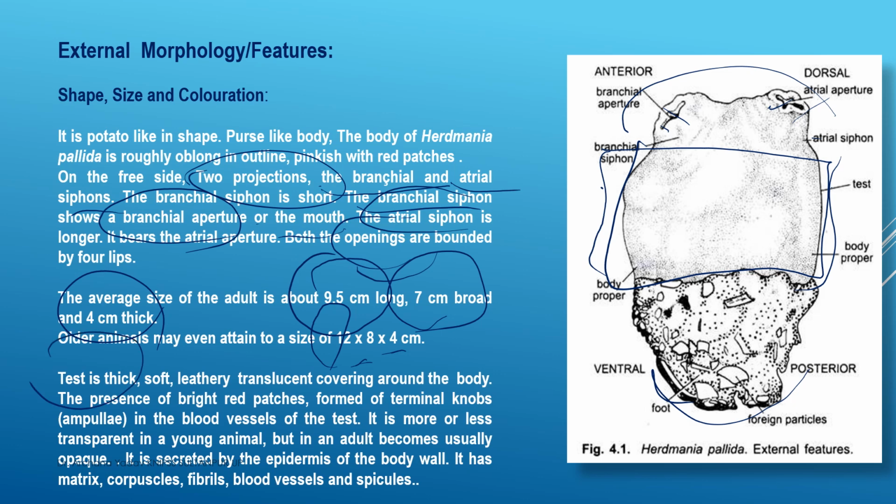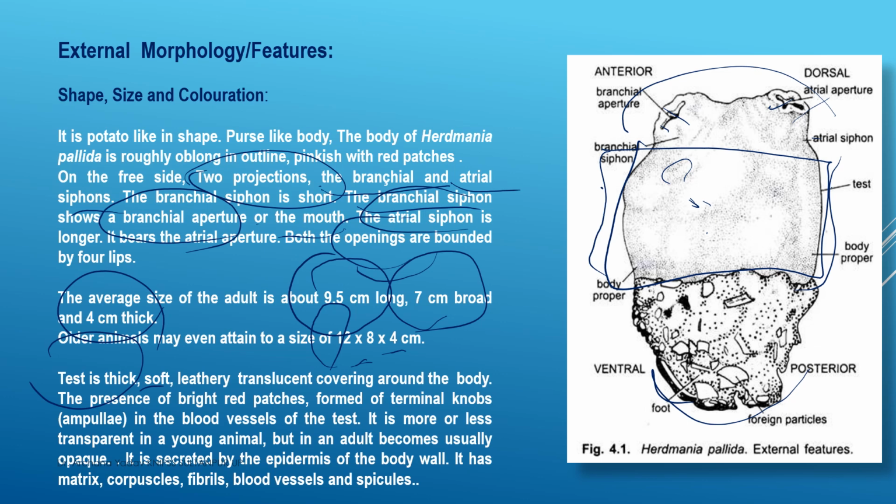The test is thick, soft and leathery, covers the body, and has bright red patches which are formed by blood vessels in the test that have terminal knob-like structures.